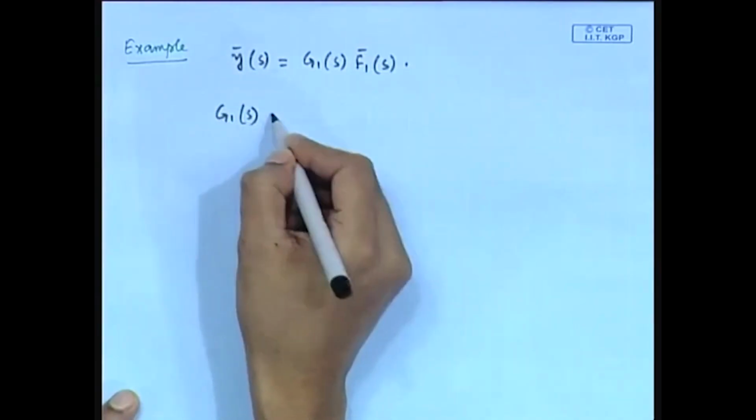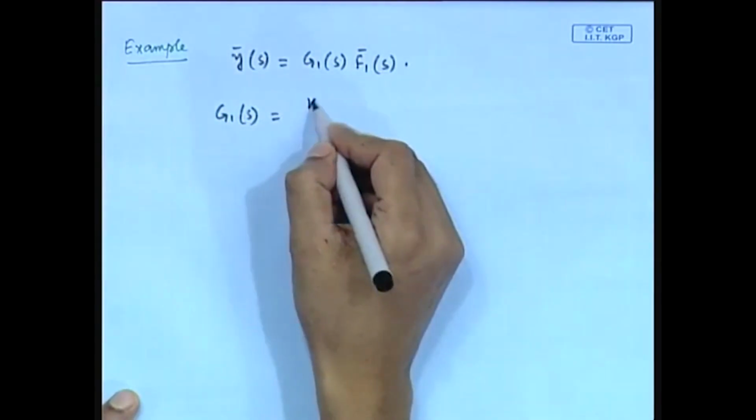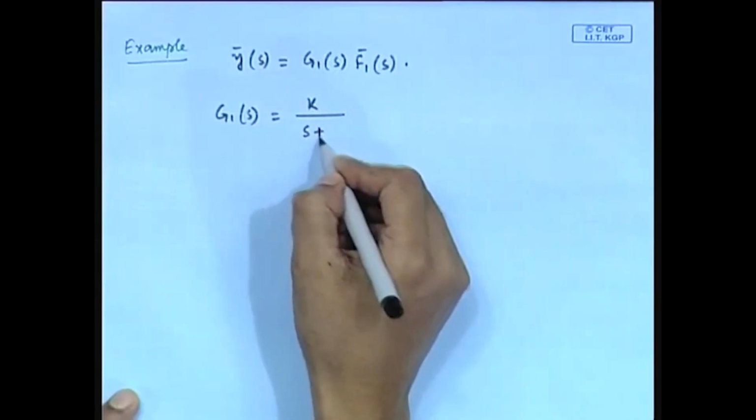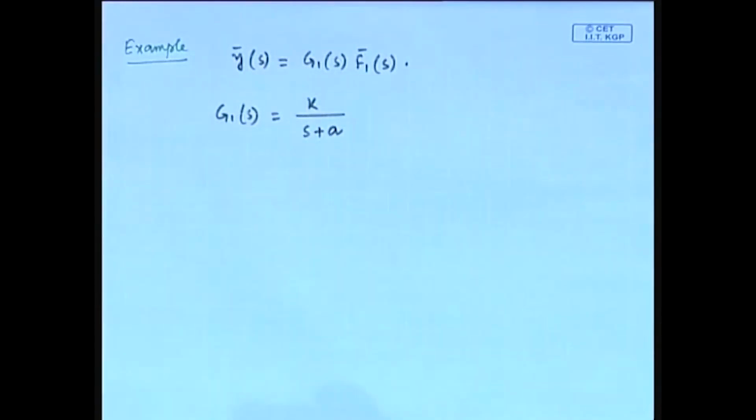This is the representation of the model for a seesaw system in Laplace domain, where G1 is given as K divided by s plus a. Fine.